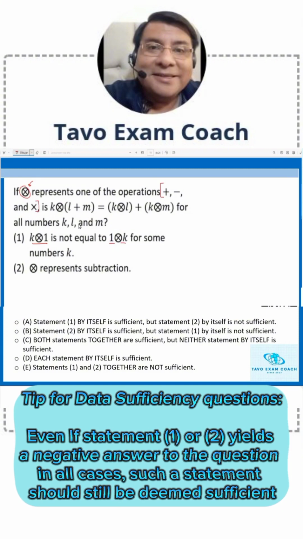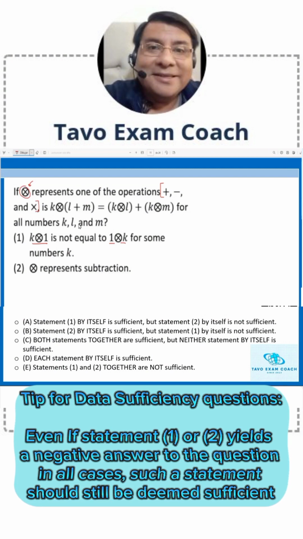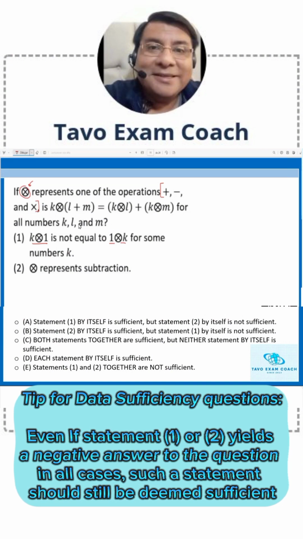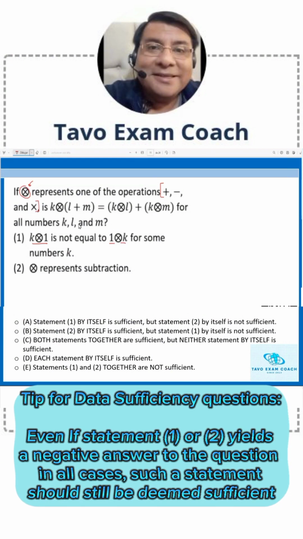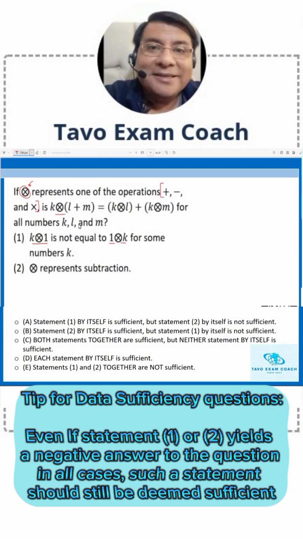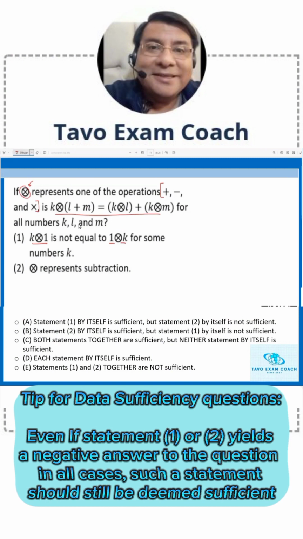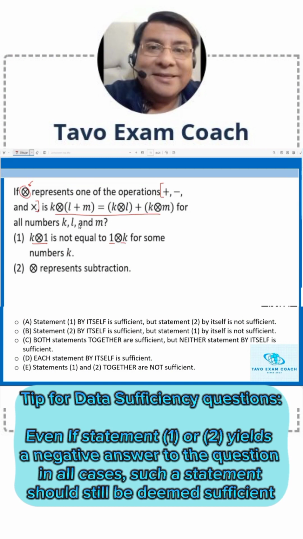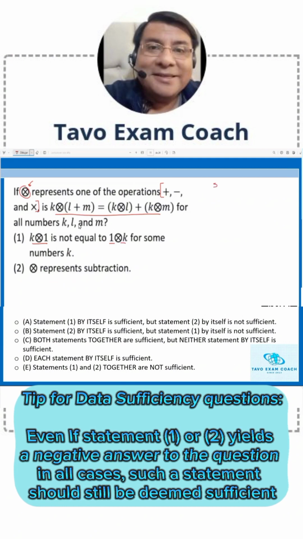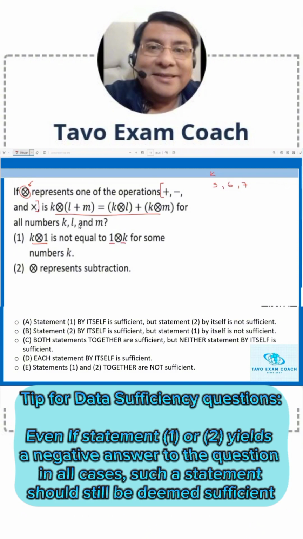So if the question asks about a certain property of the operation when operating three numbers in this way, we need to ask which of the three operations can always satisfy this kind of equality in the question. If you don't feel certain about how to interpret this equality, you could try values. Take, for example, 5, 6, and 7 as the values of k, l, and m.